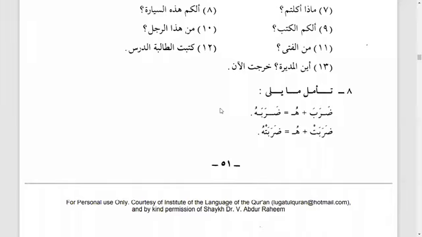One is radda. When you reach the 6th form, you will say radadna. Similarly, mararna. And there is one more: faranna, fararna, right? Okay. So please try to write them down. It will really help you a lot.